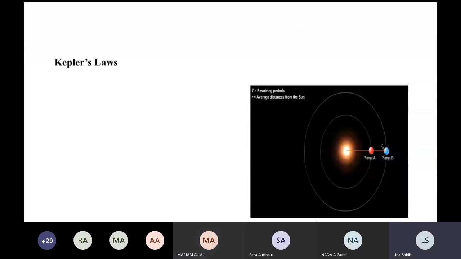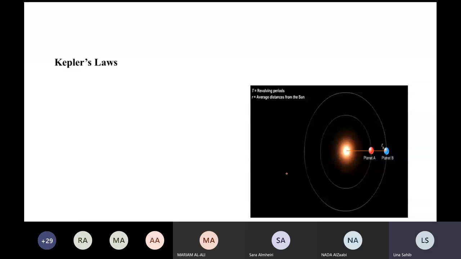As you see here, the third law talks about two planets, A and B, both of them moving around the sun.